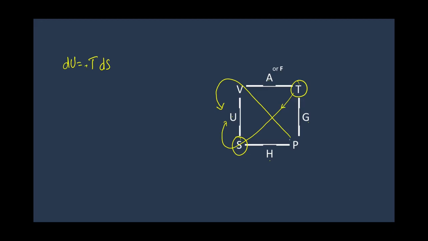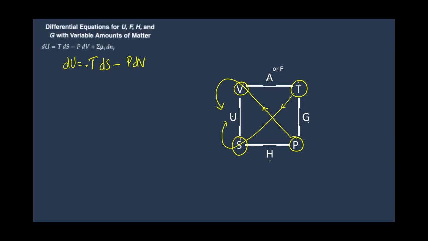And here it is going upside, so then it is negative P dV. I hope it's clear. So this is the equation. If you want with a variable amount of parameter, you can add this parameter also.